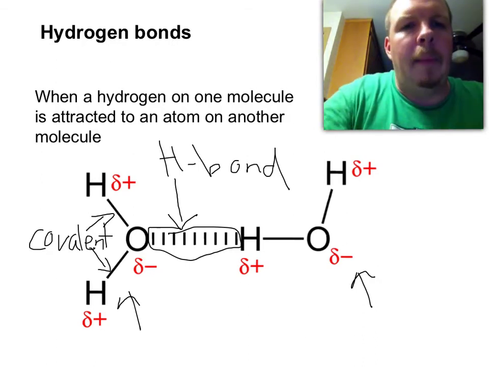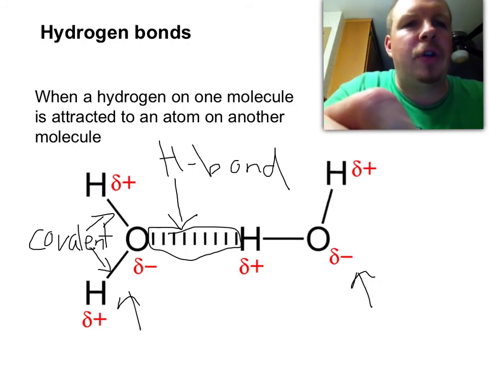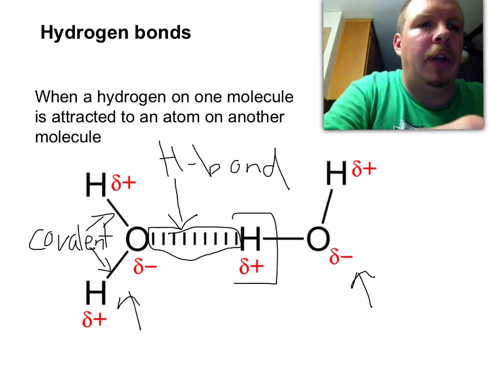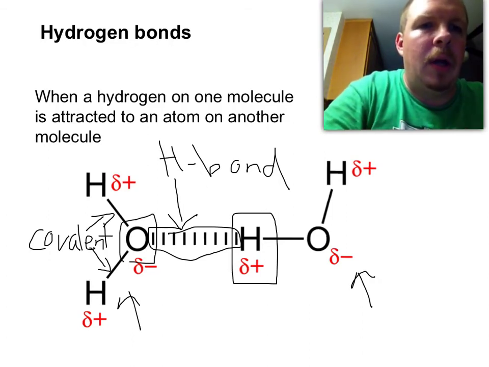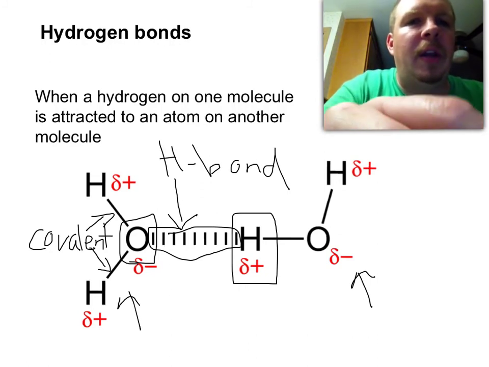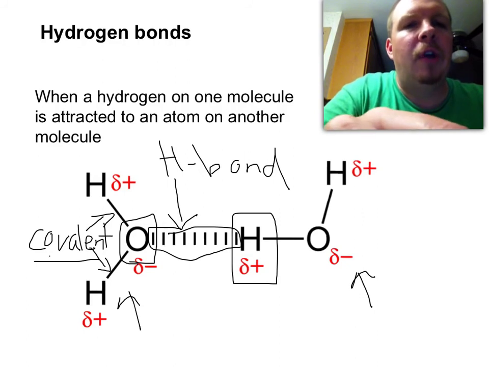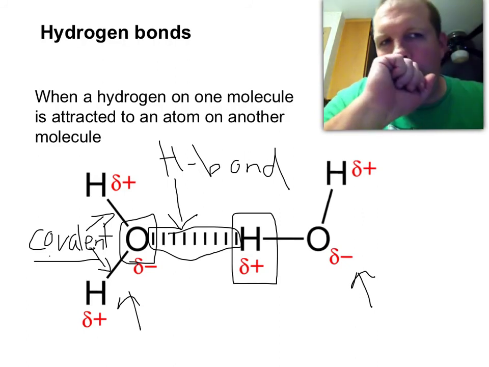But the covalent bond, the reason that you get an attraction between this hydrogen over here and another atom, in this case oxygen, is because when the electrons are shared in the covalent sense, they're actually shared unequally.